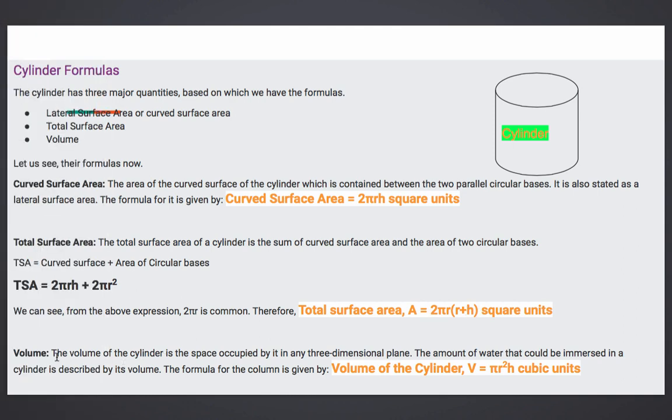Let's talk about the next, that is the volume. As I told you, it's the capacity, it's the quantity of that, or we can say the space occupied, right? So that volume is always equal to pi r square into h. If I fill water into the cylinder, tell me students, will I take the top also? No. You have water tanks at your home, right?